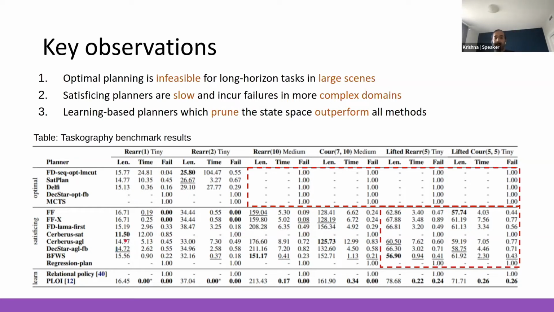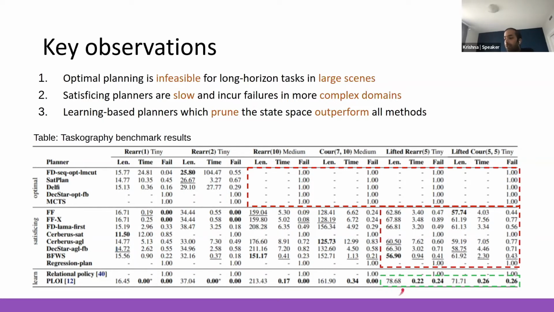The other kind of planners we benchmark are state-of-the-art learning-based planners. There's one particular approach called PLOI, which I'll briefly detail, but that seems to do really well in the sense that it plans much faster, in less than a second, and its failure rate is much lower, 20%. And it also has a fair plan length.